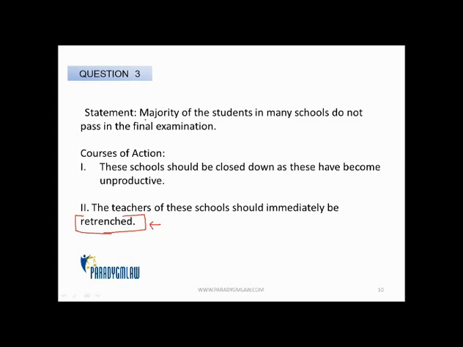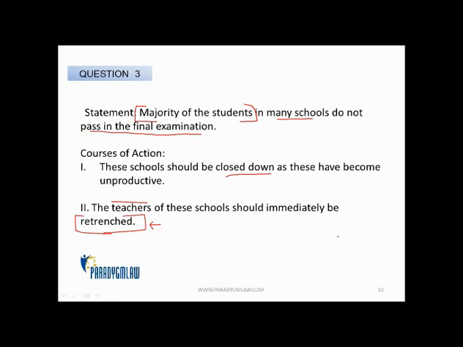Right. So if majority of the students in many schools are not passing the final exam, which course of action will actually make the majority of the students pass the exam? That in essence is your question. So if you close down the schools, does it help you? No. If you send these teachers away, will that help you? No. Unless you find good replacements, only then, right?